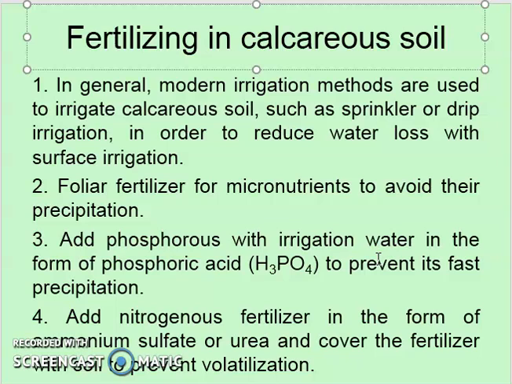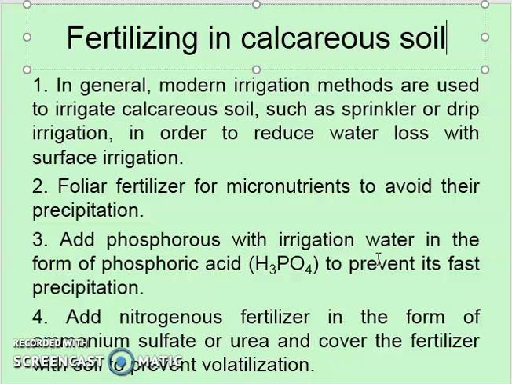You know that we have a problem that most nutrients become unavailable. How to add these fertilizers to the soil? In general, modern irrigation methods are used to irrigate calcareous soil, modern irrigation like sprinkler or drip irrigation, in order to reduce water loss when surface irrigation is used.